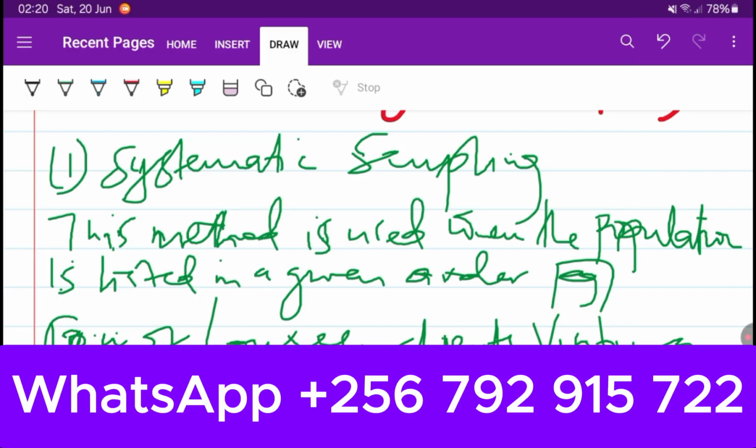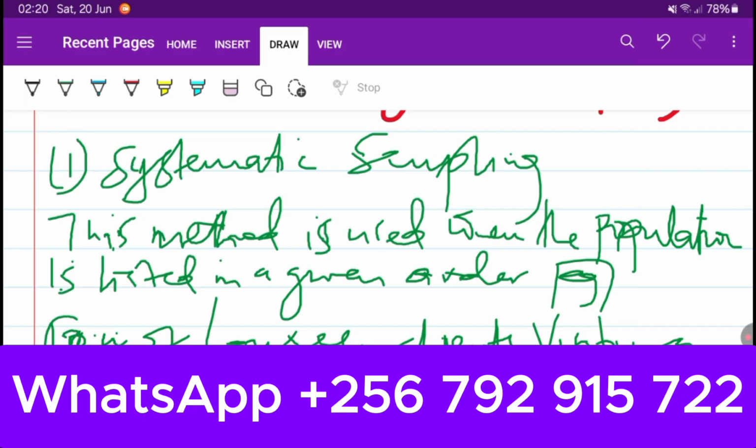Now, what is going to happen is that the sample is drawn according to some predetermined point or predetermined place or object. These items are going to be chosen at random, but they are going to be some predetermined points at which we should choose at random.